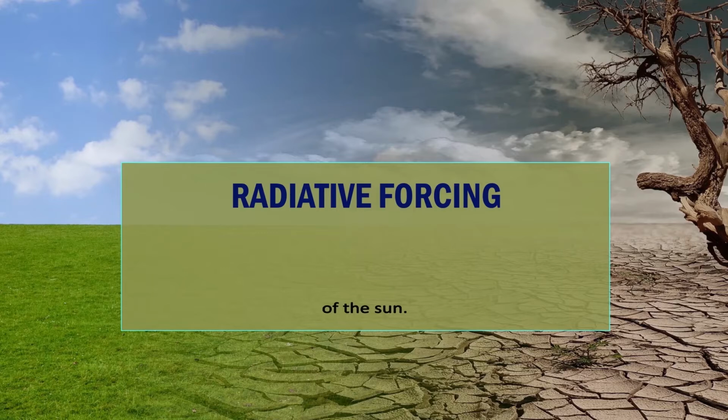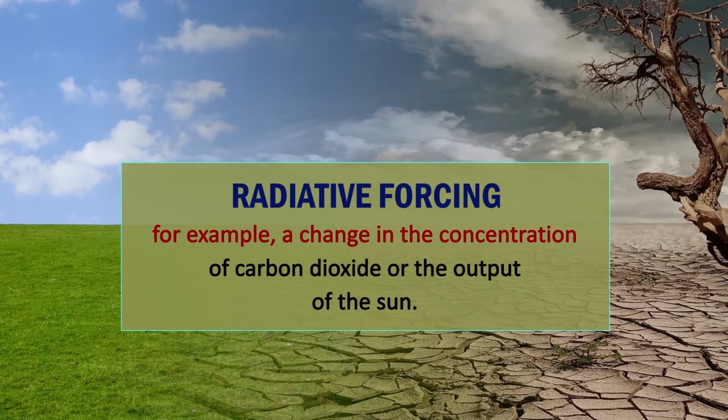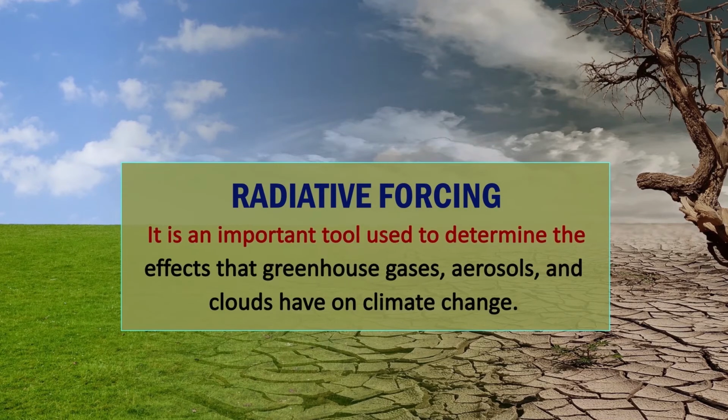For example, for a change in the concentration of carbon dioxide or output of the sun, each and every driver, we can have radiative forcing values. It is a very important tool indeed, used to determine the effects that each of the greenhouse gases or aerosols or clouds have on climate change.